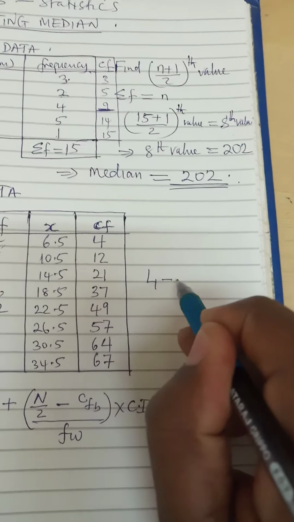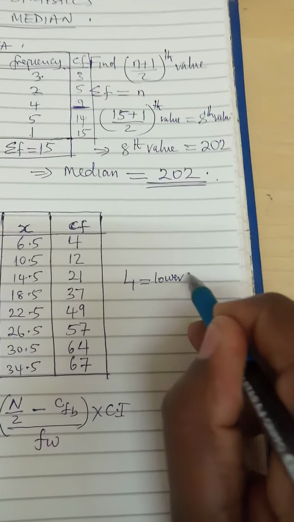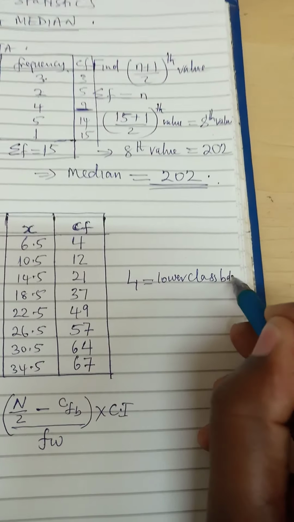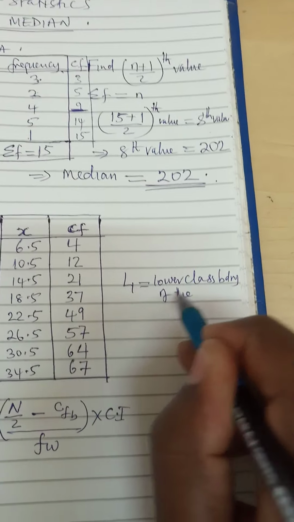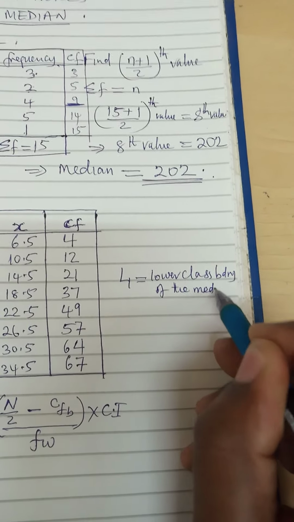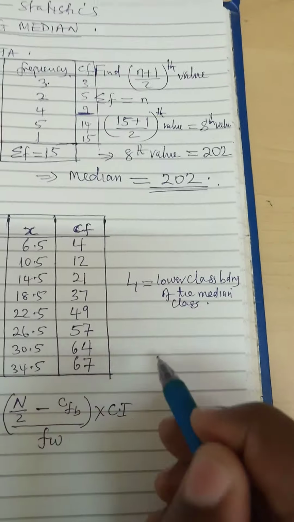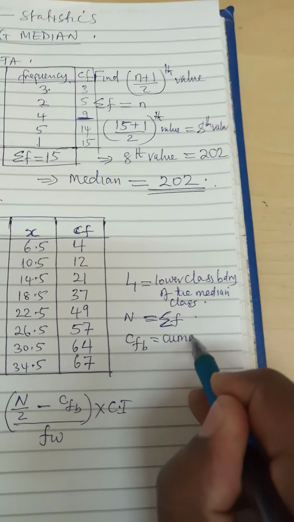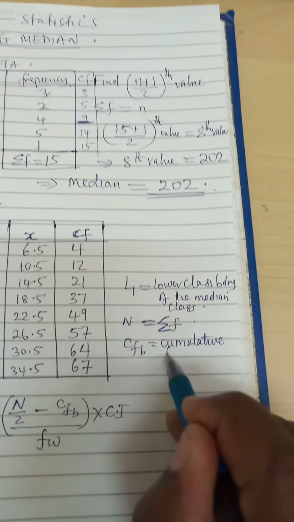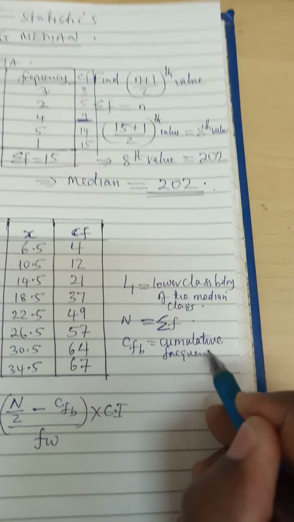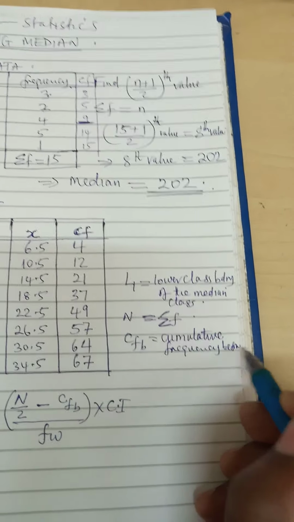That L1 is the lower class boundary of the median class. We shall identify what the median class is and how we get it. N is the summation of frequency, which means n over 2 is half of that. CFB is the cumulative frequency before the median class.